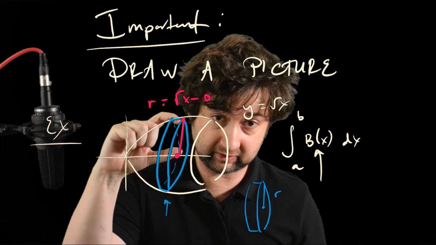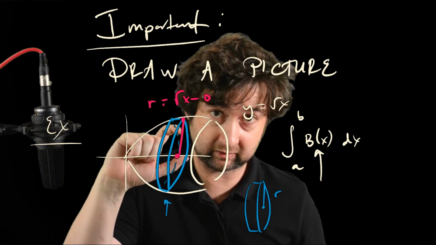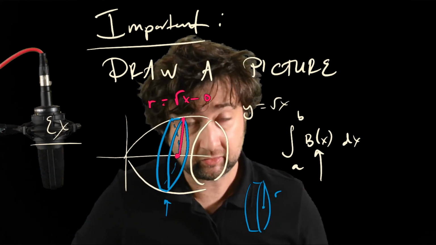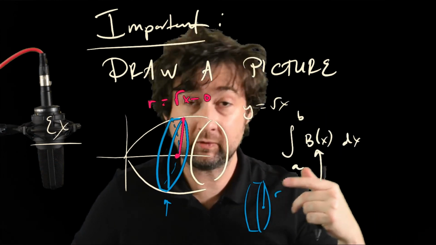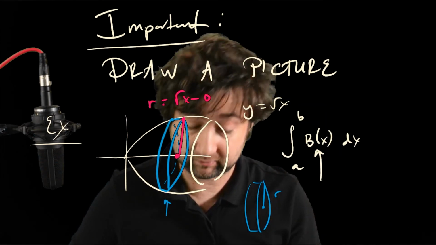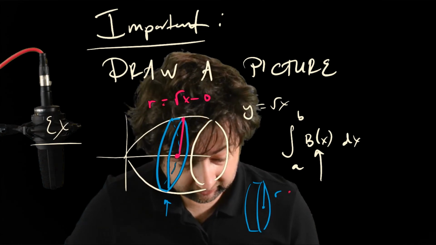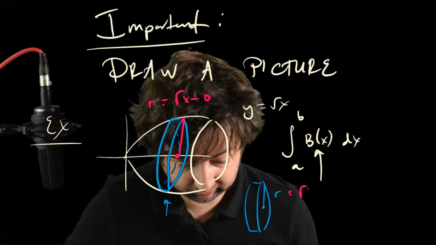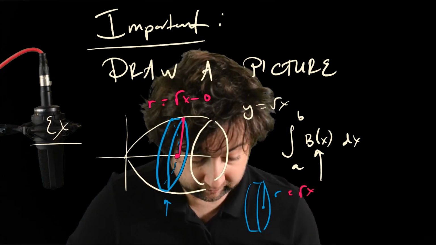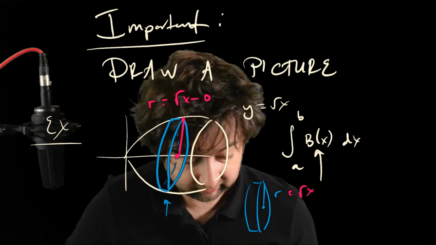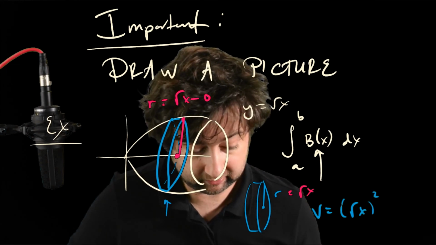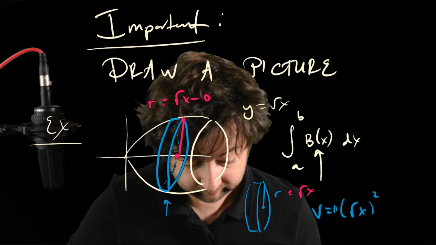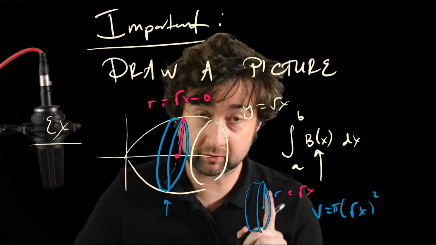That's the radius of this disk that I've spun out around the x-axis. Okay? So when we talk about b of x, if we're spinning circles, that means we have to find radii. So the volume of this typical disk is going to be root x squared times pi, because pi r squared.